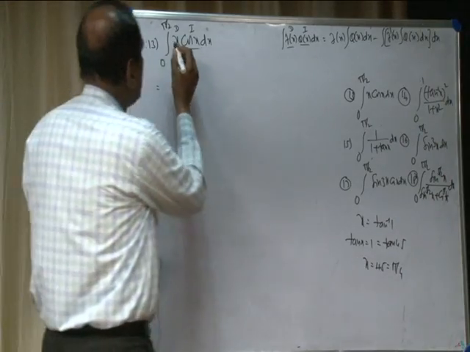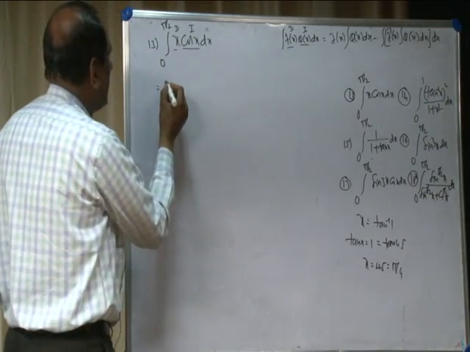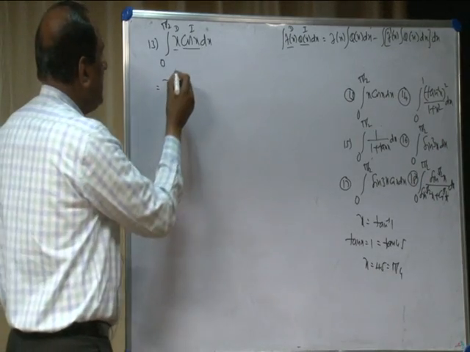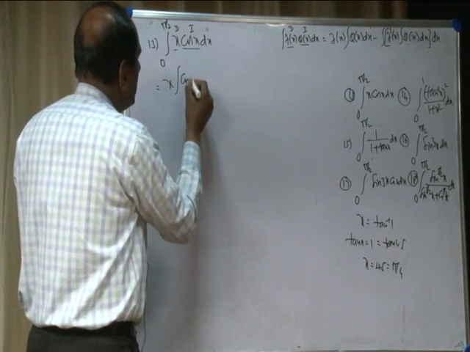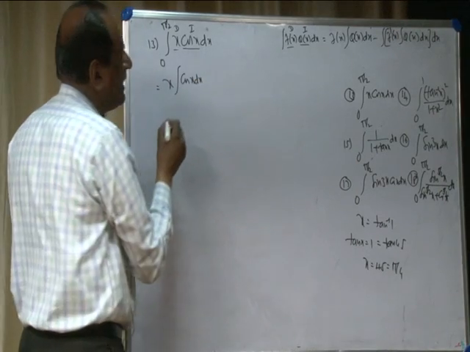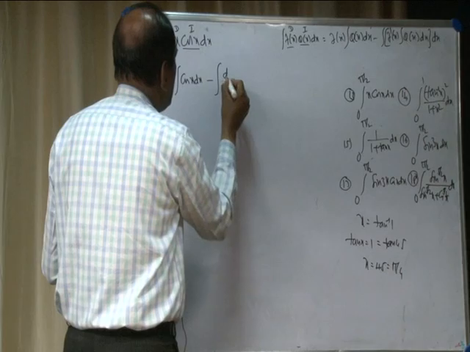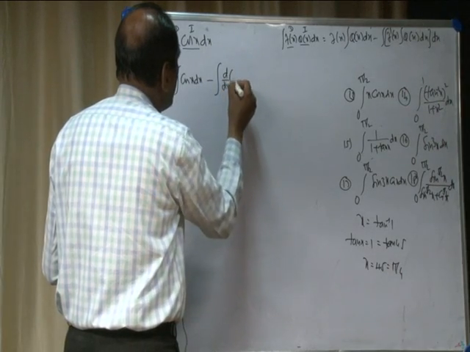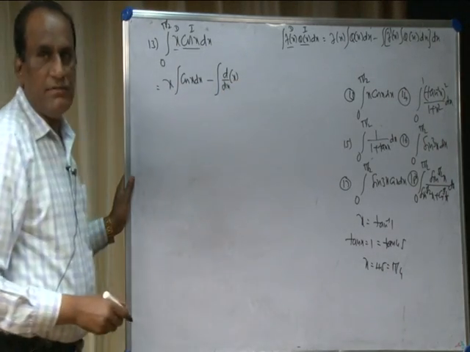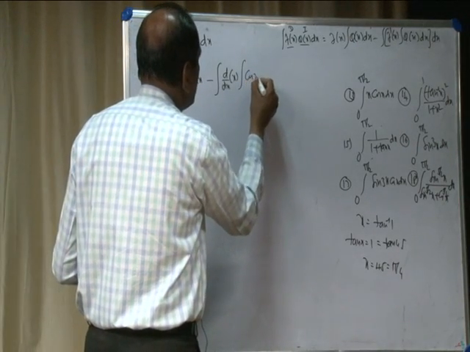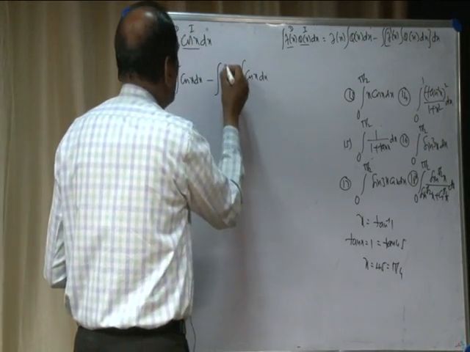See here, keep the function selected for differentiation as it is, that is x. Integrate the second function, that is cos x dx, minus integral of d by dx of the first function, that is the derivative of the first function, into the integral of the second function, whole dx.